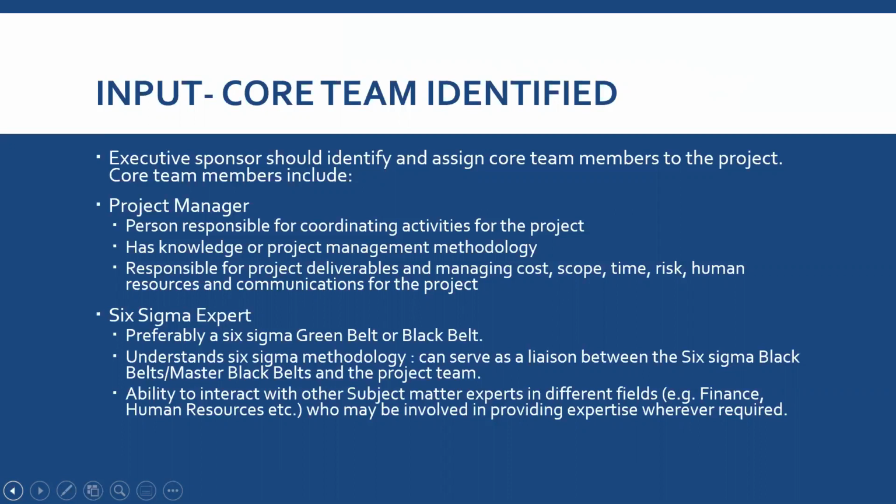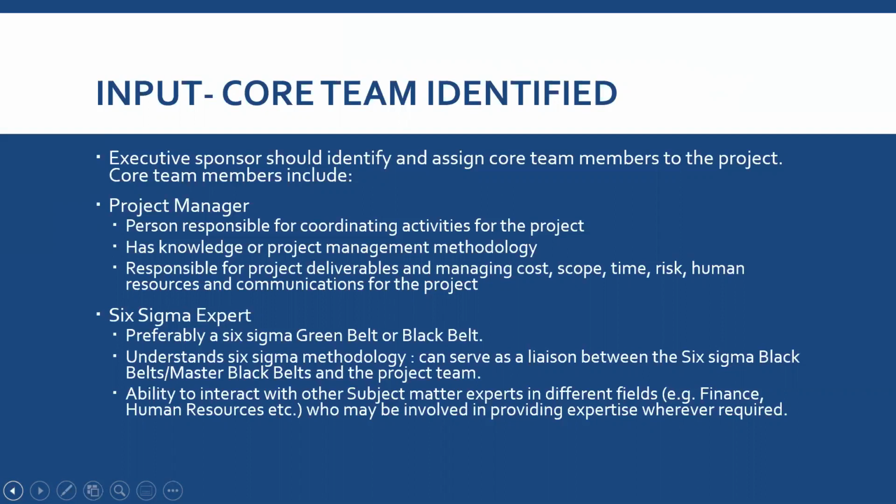Another important team member is the Six Sigma expert. And the Six Sigma expert, we prefer to have at least a green belt in order to manage these projects. And we need somebody to understand the Six Sigma methodology. So they could serve as the communicator and the liaison between the Six Sigma black belt, master black belt, and the team themselves.